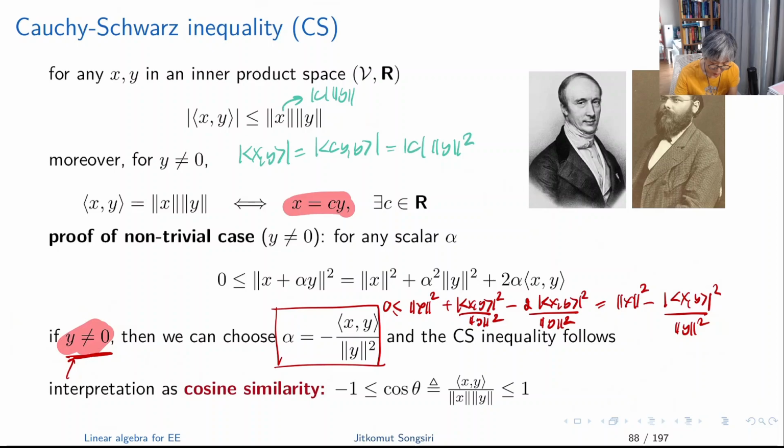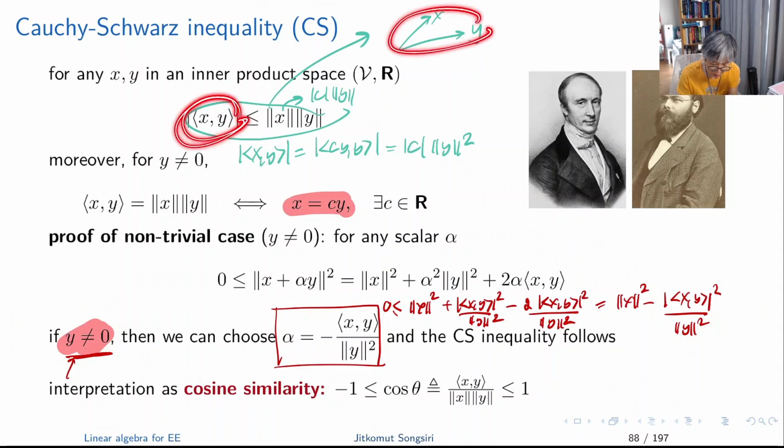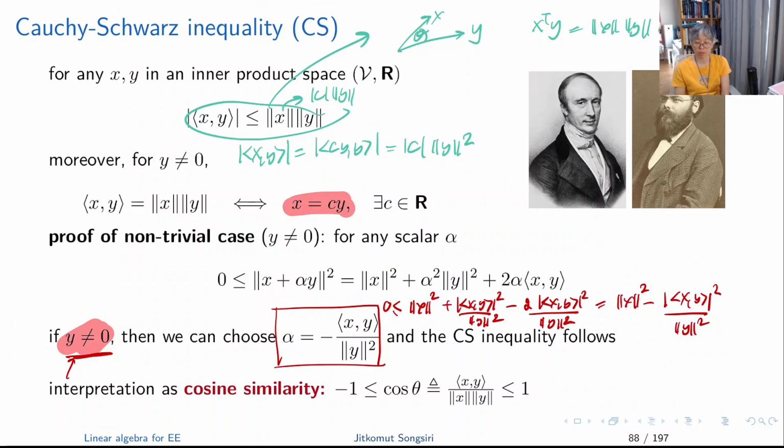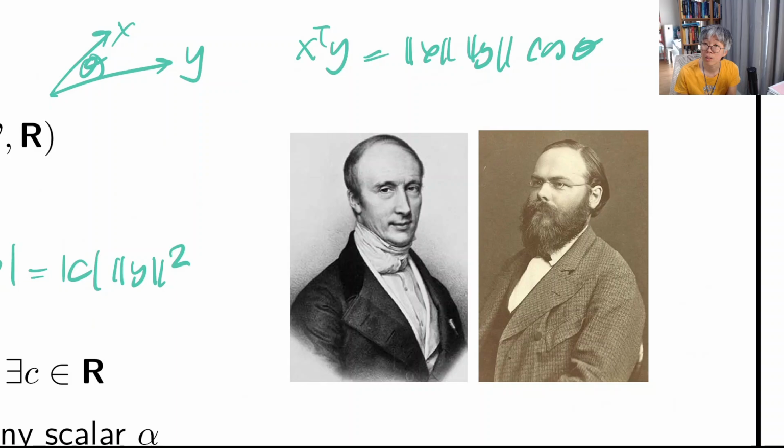You can maybe take a look at the meaning of the inner product in the Rn space, because we all see that the inner product between x and y is always less than this guy, because of the typical formula that you already know, that x transpose y is going to be norm of x times norm of y times cosine theta, where theta is an angle between x and y.